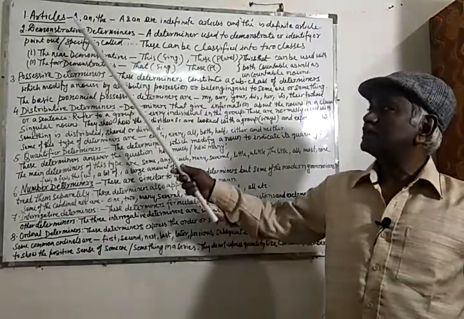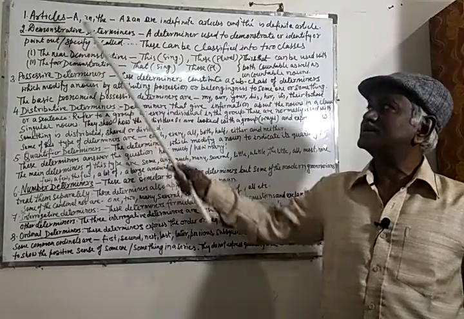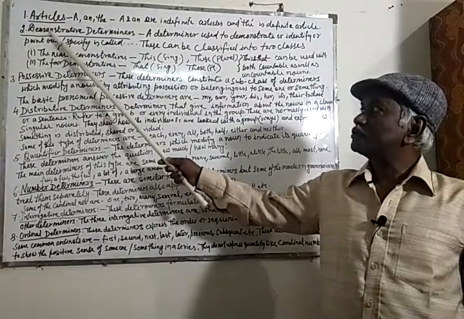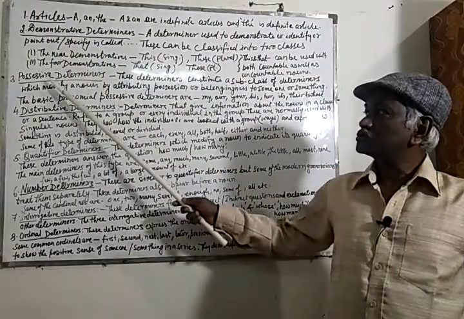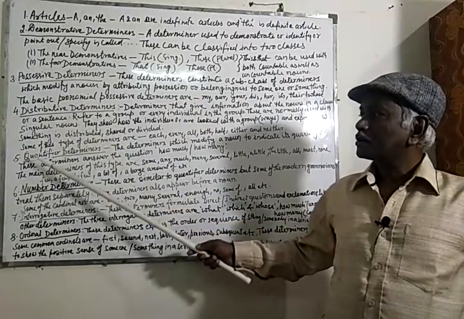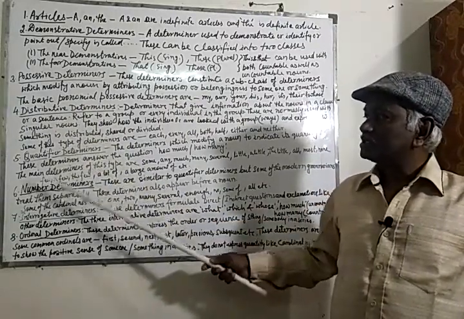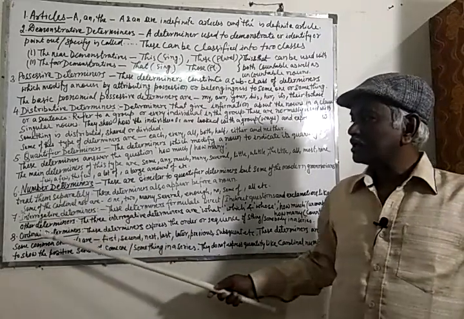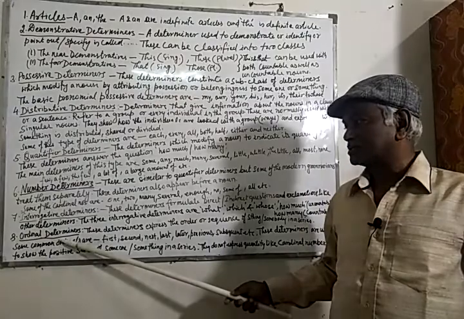Yesterday, during my previous class, I dealt with its types: articles, demonstrative determiners, possessive determiners, distributive determiners, quantifier determiners, number determiners, interrogative determiners, and ordinal determiners.